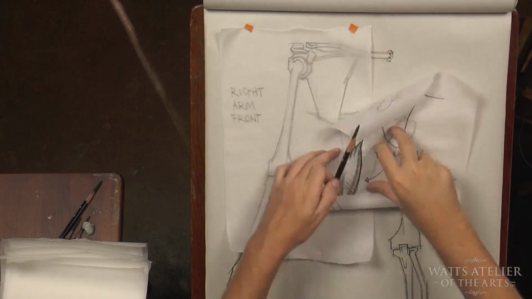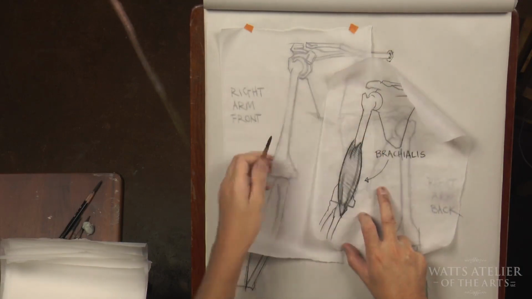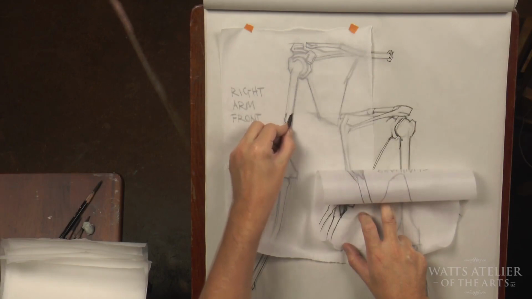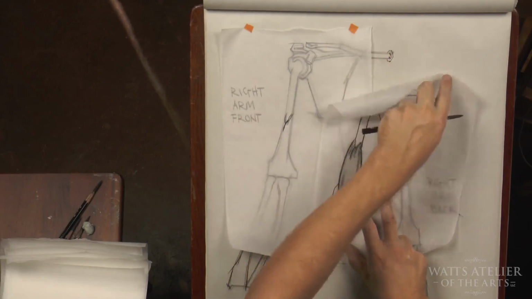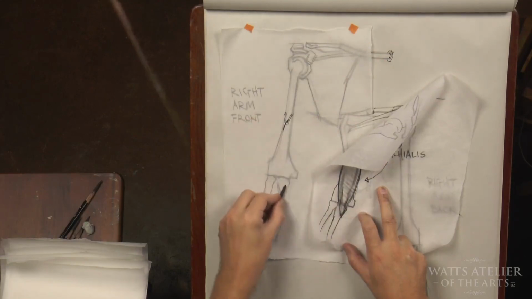So we'll come over here and say, okay, it's going to come up and connect, looks like about halfway up, and it's going to have this kind of a connection. And then it's going to connect down here.